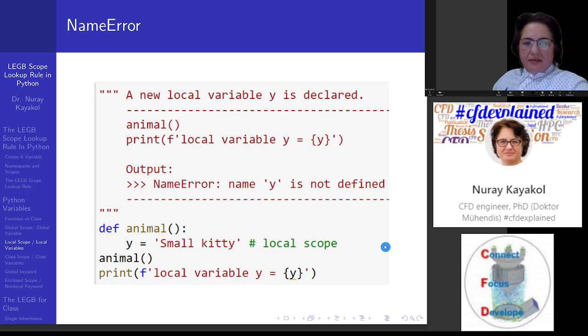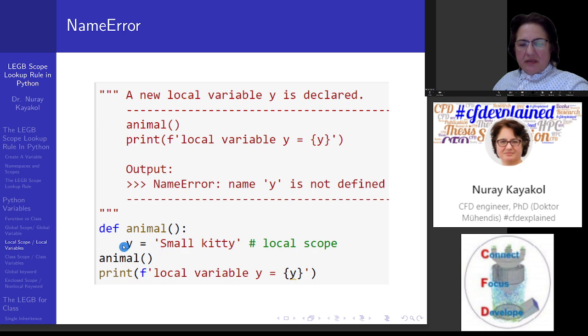Again, another error message, name error. Actually this is a very good example. I previously explained, but let me explain once more. You see, you define a variable y inside of animal, so it's in the local scope.